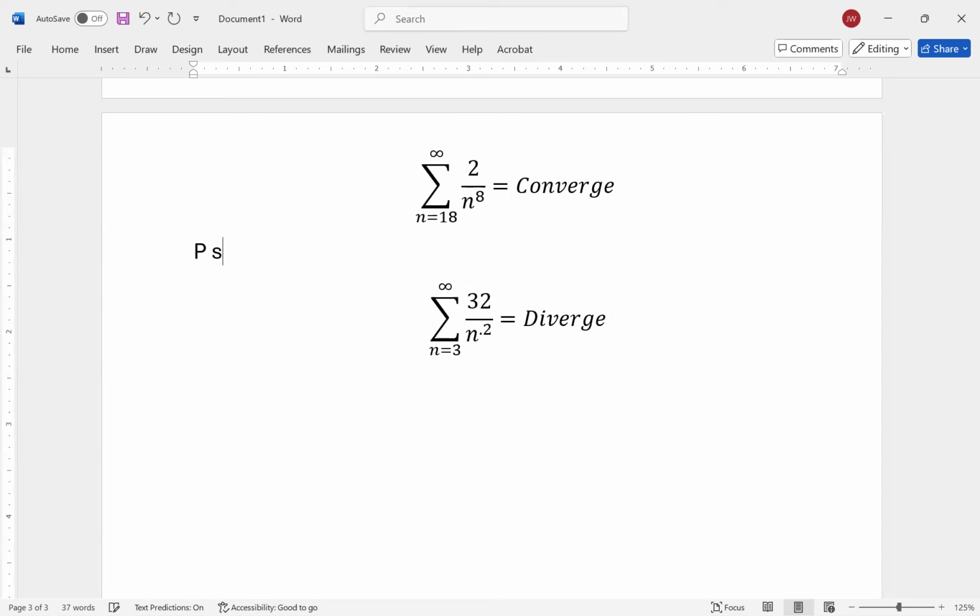So the first one is like a p-series with p of 8, so we knew it converged. The second one is like a p-series with a p of 0.2, so we knew it diverged. Again, p greater than 1, we get convergence. P less than or equal to 1, we get divergence.